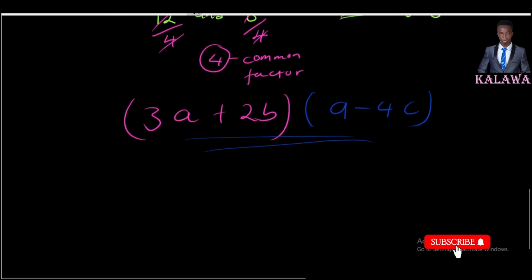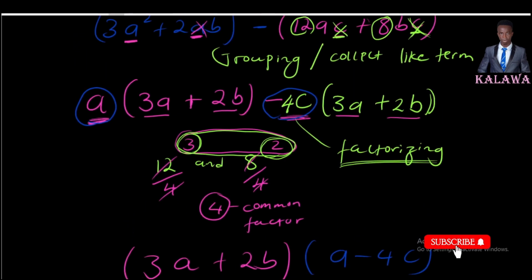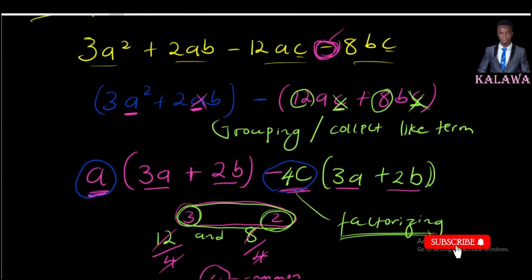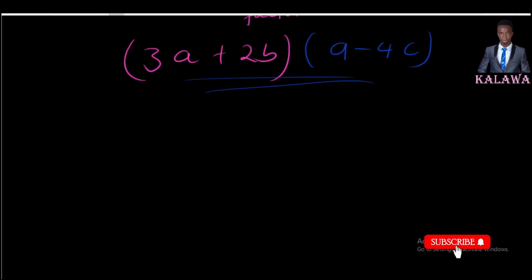And remember, if we do the inverse of this, we will still arrive at the same answer just as in the previous question. We arrive at the same answer: 3a plus 2b times a minus 4c. So let's prove it. Remember, that's one method in factorization. Always prove your answer.